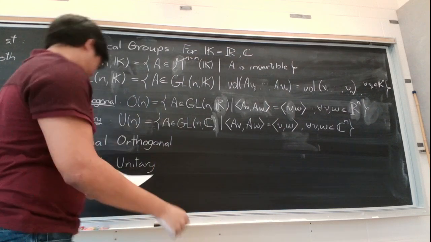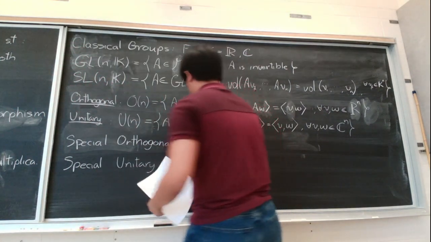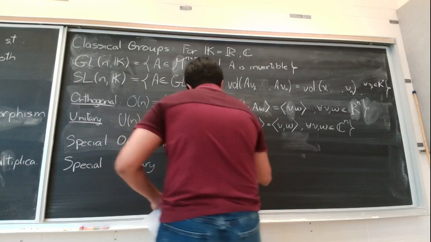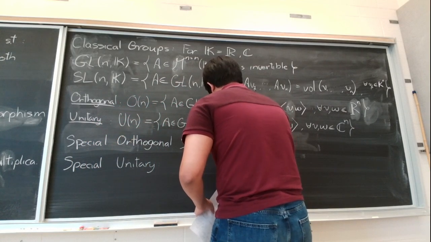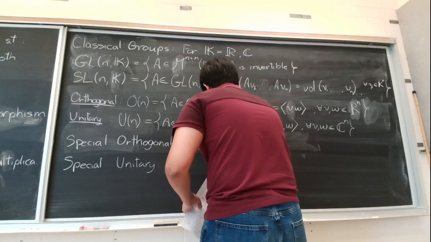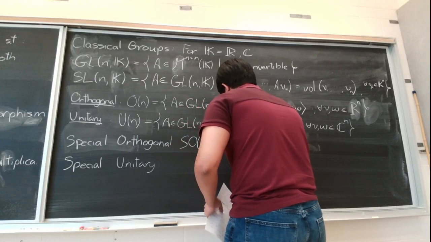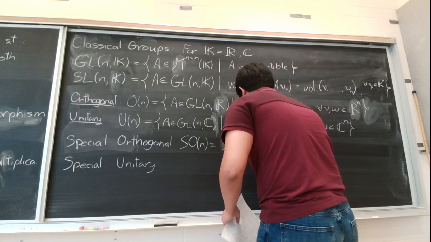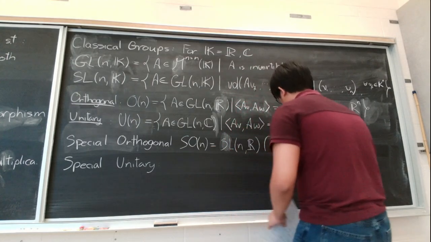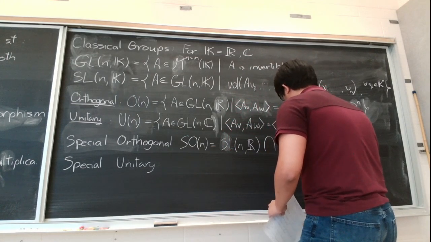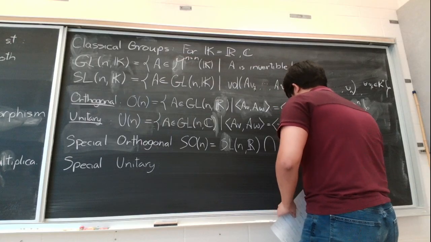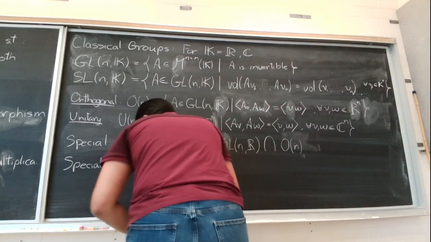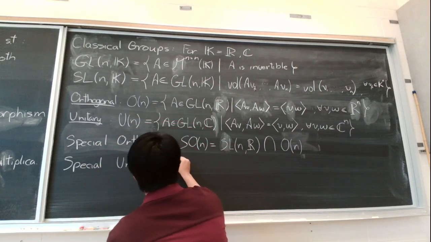The orthogonal group is denoted by O, and the special orthogonal group is denoted by SO. And arguably, the unitary group is what will be very interesting.